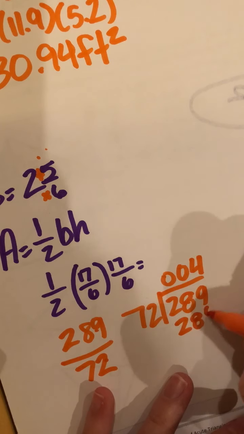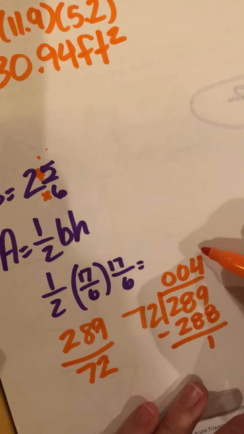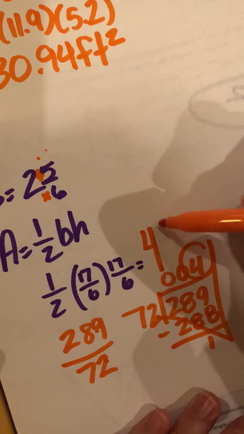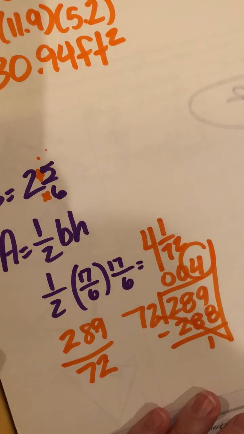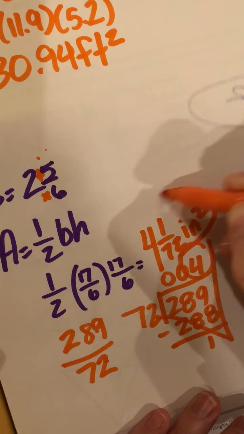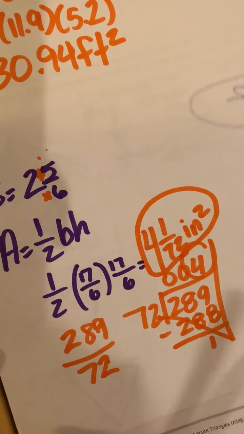Ooh, that one's super close. With 1 left over, so 4 and 1/72. And I'm working with inches squared. Sorry, that's a little crammed. There's my answer for that one.